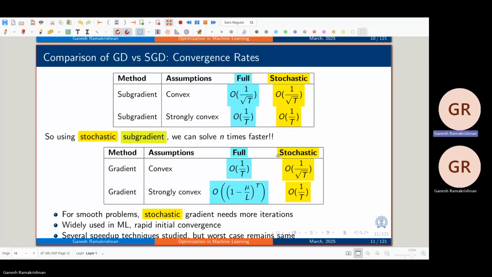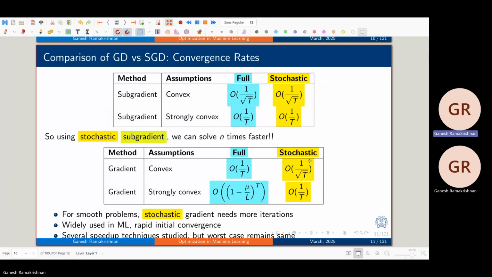Tabulating the comparisons. If we look at the subgradient method with convexity, which we did already, it is 1 upon square root t. What we didn't talk about was subgradient with strong convexity, which will give you 1 upon t. Now, our interest is not just the table on the top, but comparing it with what happens with gradient. With convexity, you have 1 upon t when you do full.